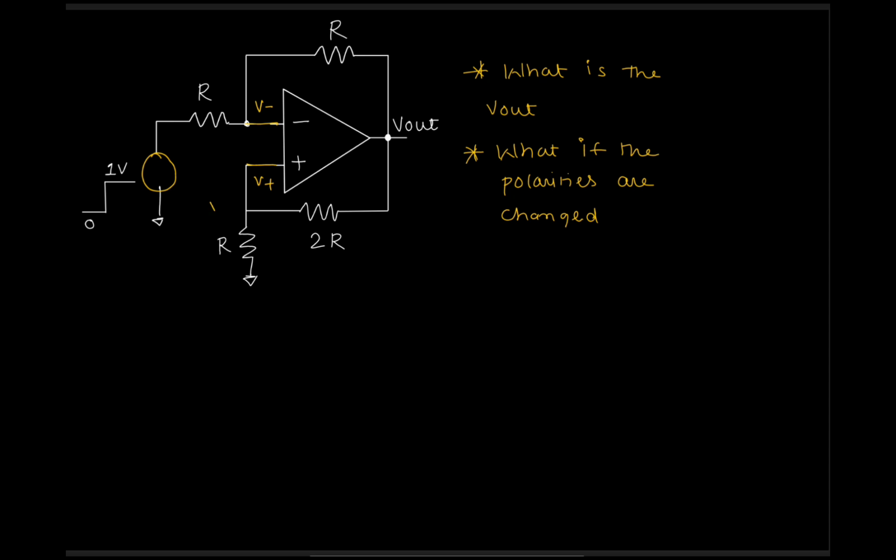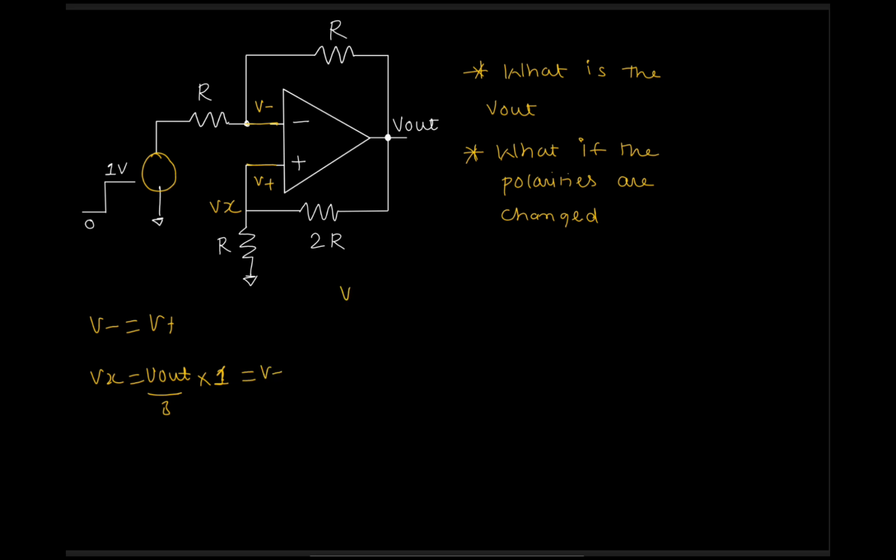So now this is Vx. V minus is equal to V plus, so Vx is equal to V out by 3 into 1. Now just make a simple KVL.